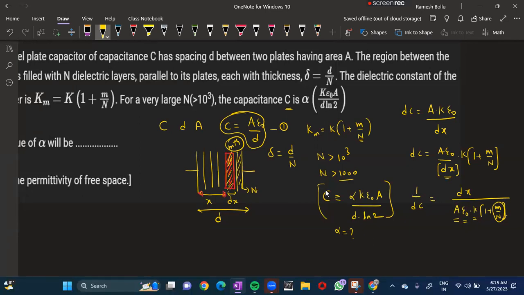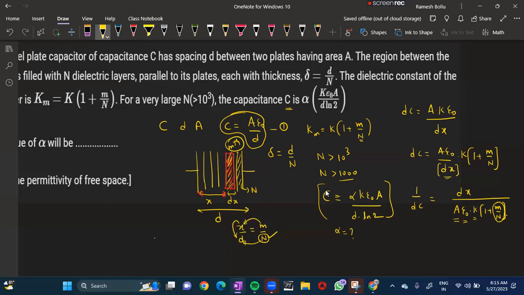So I can write one thing: the ratio x by d is equal to m by N. The mth layer is at a distance x meter, and the last Nth layer is at a distance d meter.